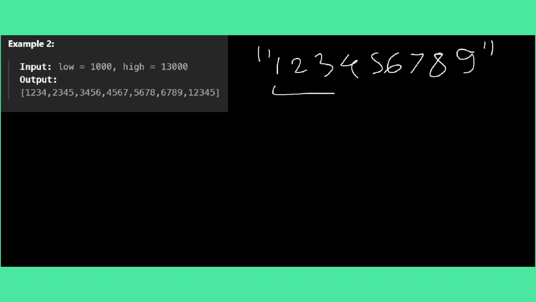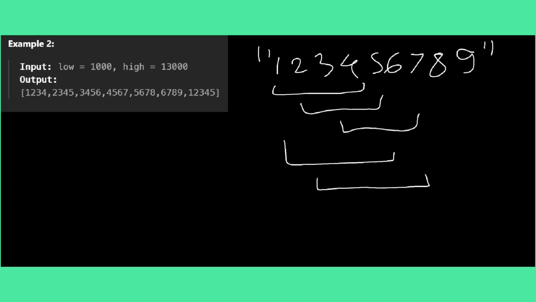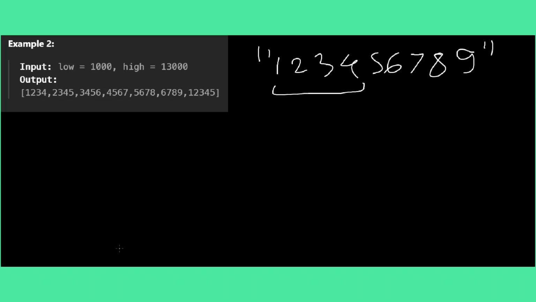So 1 2 3 4, 2 3 4 5, 3 4 5 6, etc. Similarly, the last one, which has 5 digits, is also a substring. We cannot have 2 3 4 5 6 because that is 23,456, which is greater than 13,000. So we can't have that. But as you can see, we can use the string as an input to create these results.